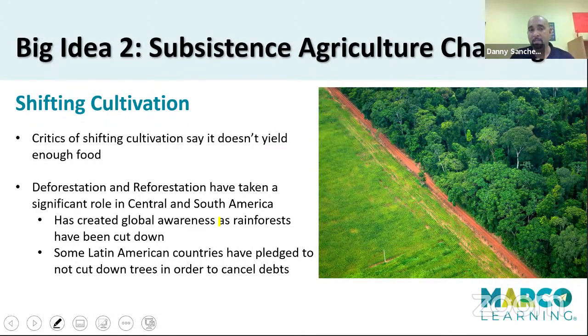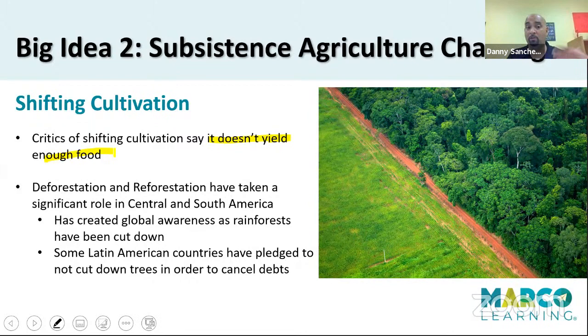One of the criticisms of shifting cultivation is that it doesn't yield enough food because they're using rotating fields. They're not using all of the land available to them. And if you're dealing with a growing population and you have a system of farming that leaves about 80% of your available land fallow at any period, they are not maximizing the potential of their land.